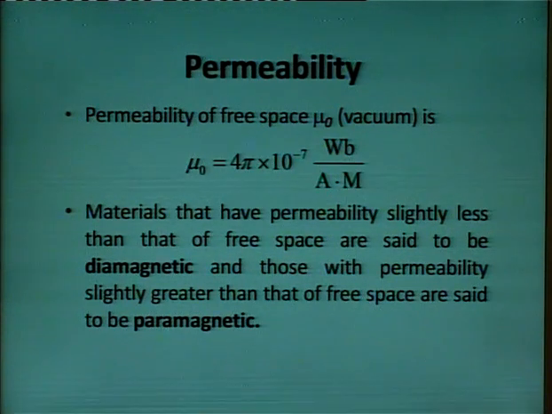The materials that have permeability slightly less than that of free space are said to be diamagnetic, and those with permeability slightly greater than that of free space are said to be paramagnetic.